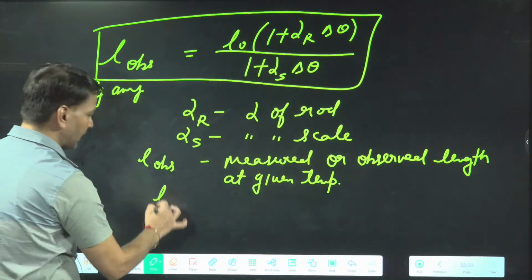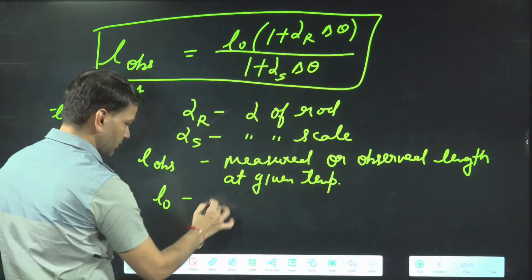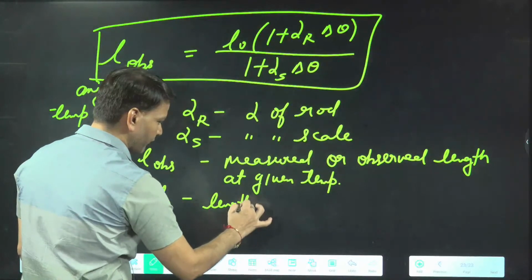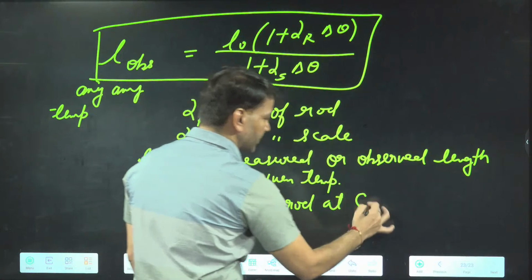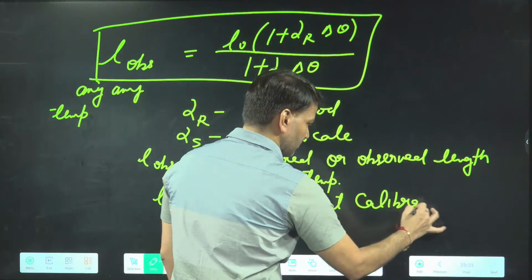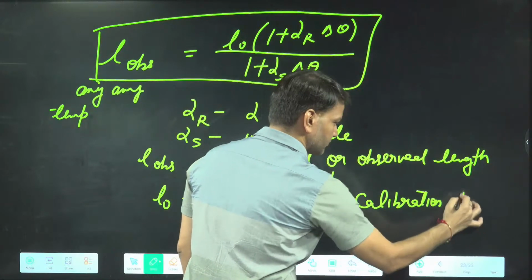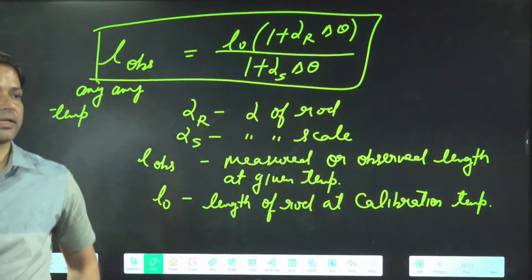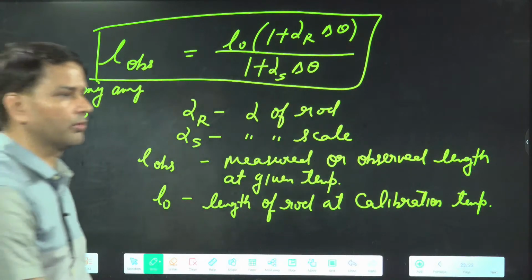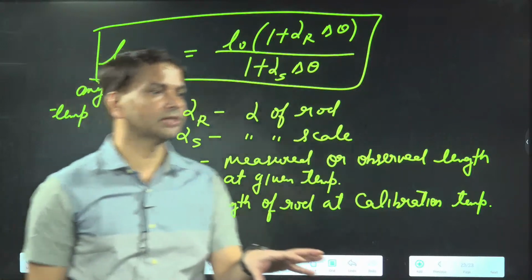L naught is the length of the rod at calibration temperature. So this data you have to remember. L naught is the length at calibration temperature, which means it is the actual length of the rod.